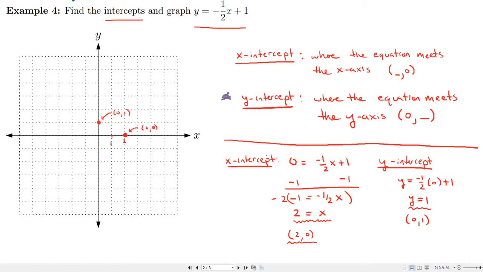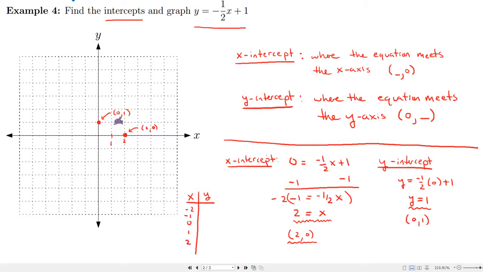And as we talk about lines a little bit more, you'll see that lines are actually completely determined by 2 points. So those are 2 points that would be on the table that we could use to graph this, right? So if we make a table for this real quick, x, y, and let's say that I pick the x values -2, -1, 0, 1, and 2.